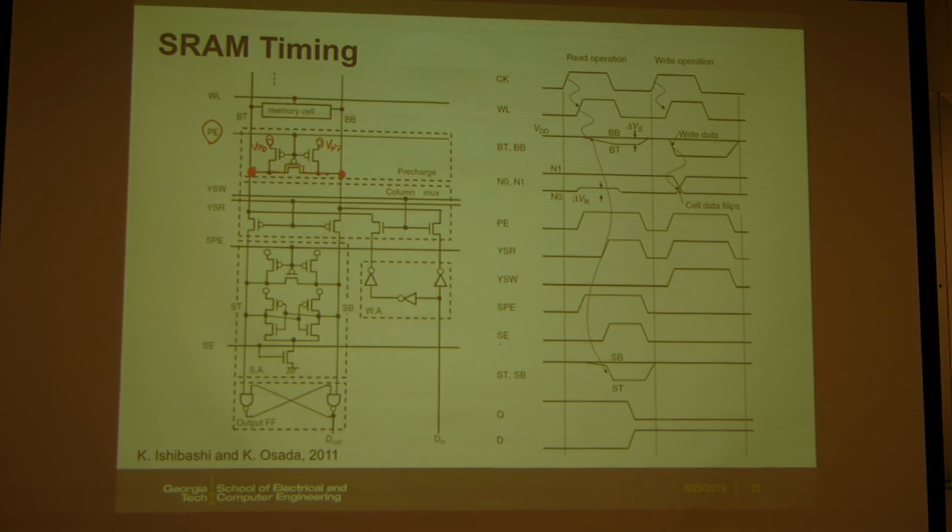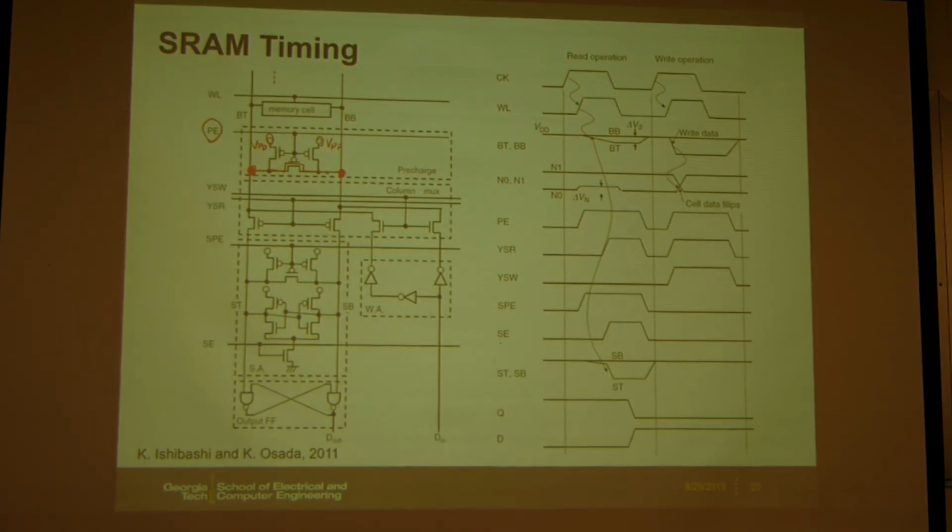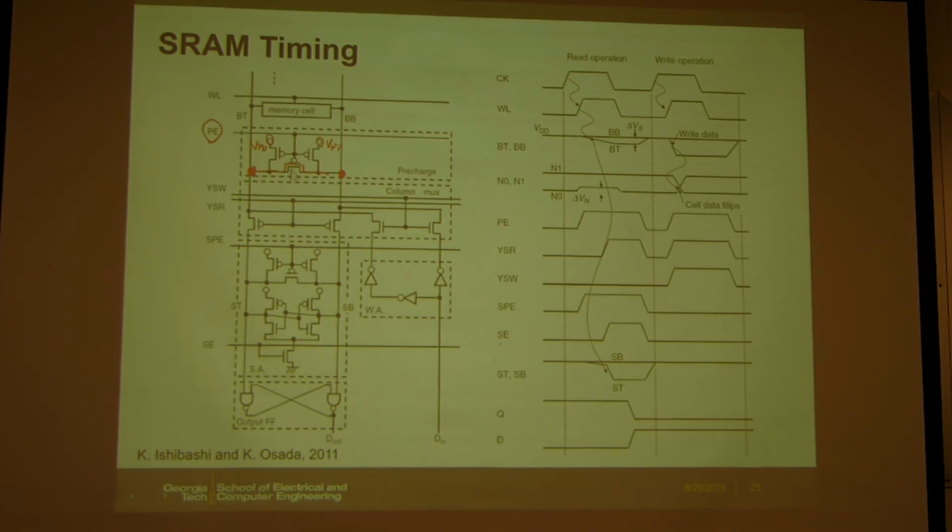If PE is on, then these 3 transistors can make the bit line and bit line bar be VDD. Because this is connected to VDD, and this is also connected to VDD, and this coupling transistor couples bit line and bit line bar. Only when the bit line and bit line bar potentials reach VDD do you not have current flow in between. That means you reach the equilibrium, or stable state.